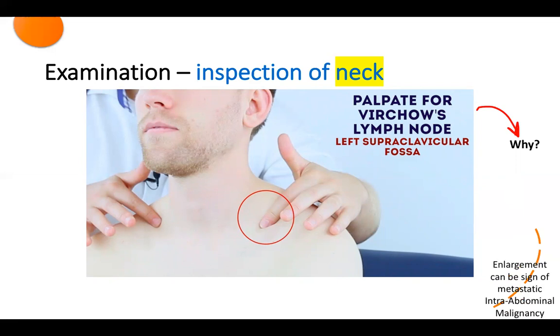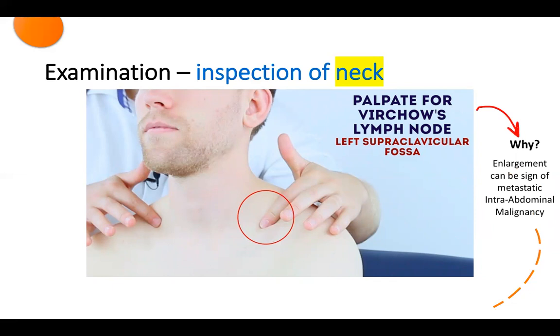Yeah. So basically, if it's enlarged, it could be a sign of any metastatic intra-abdominal malignancy. And that's why you want to palpate that lymph node. You can also check the right side as well, but it's the left one that we're more concerned about in the gastrointestinal system.